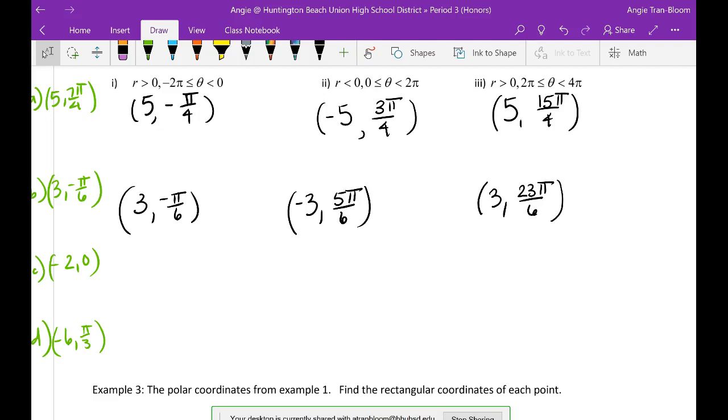If it was negative 2 pi, it would be pi. So if you had pi positive 2, right? Same thing.